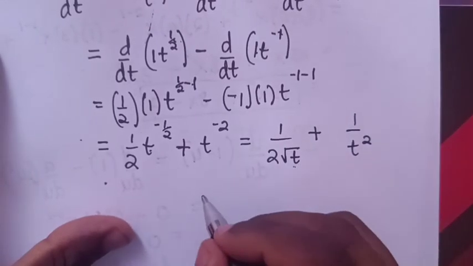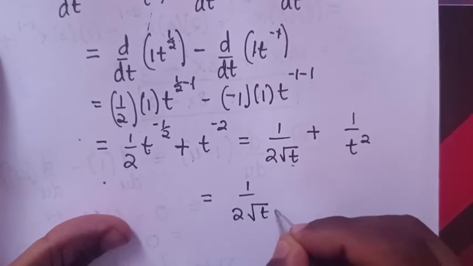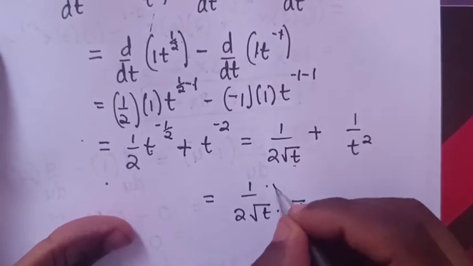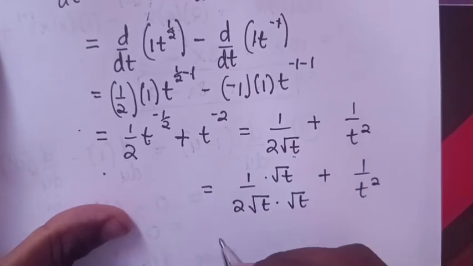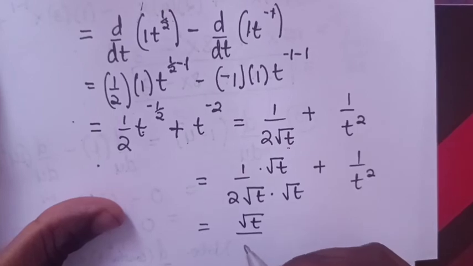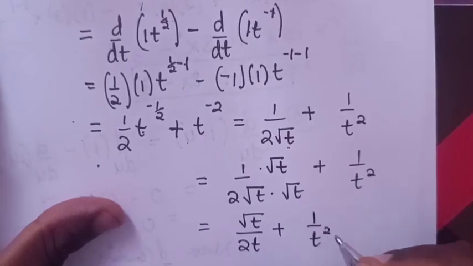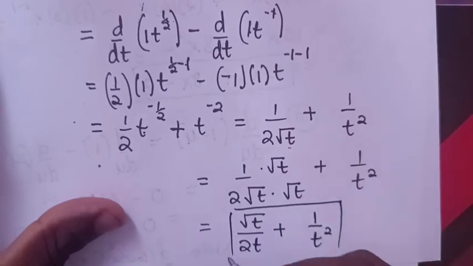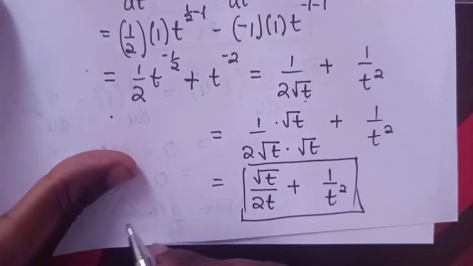So here we rationalize the denominator, the square root of t: square root of t multiplied by square root of t in numerator and denominator, plus 1 over t squared. So here it will be square root of t over 2, square root of t times square root of t is t, plus 1 over t squared. So this is the answer.